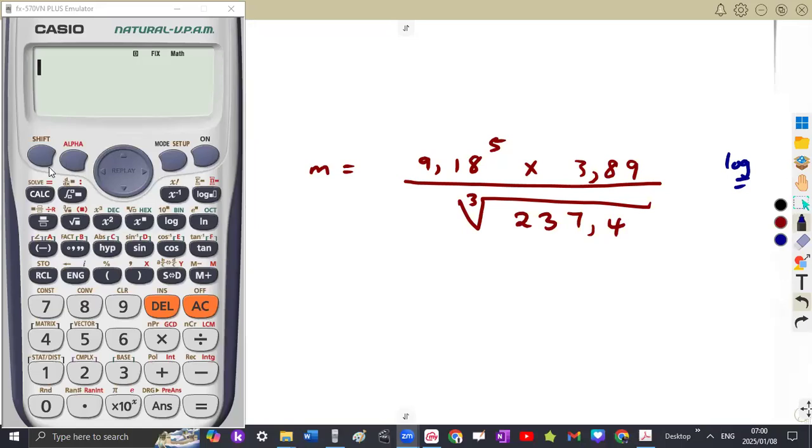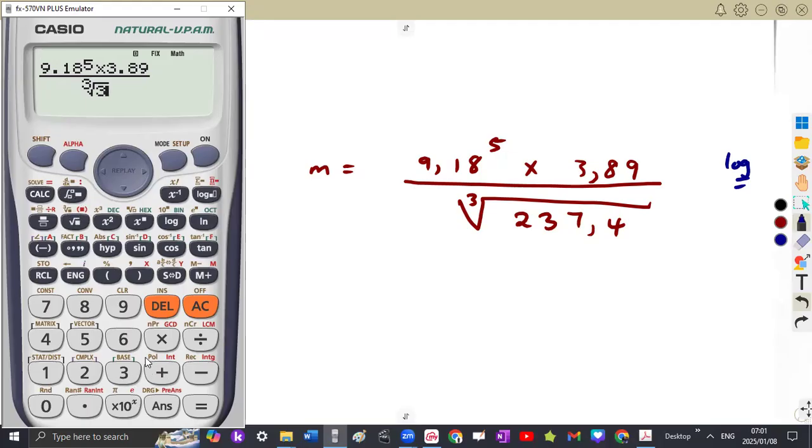All right, remember we fixed our calculator to 3 decimal places already. So let's just have our fraction here. That's 9.18 to the exponent of 5 times 3.89, everything over the cube root. I'm just going to use shift and the cube root, it's here on the square root key.